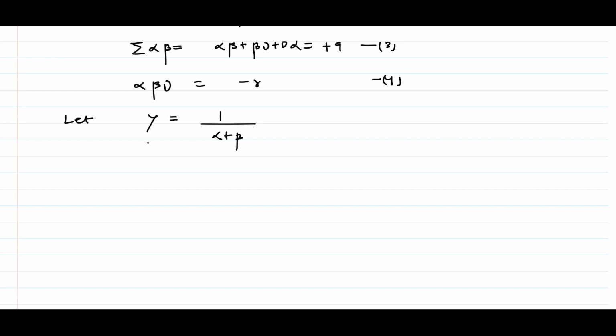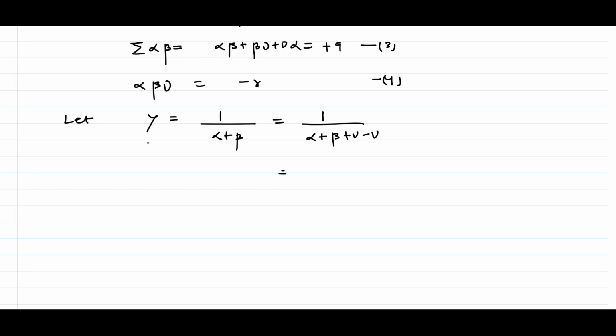So now here it can be written as alpha plus beta, missing that is gamma, so we need to adjust the gamma here in the denominator, that is alpha plus beta plus gamma negative gamma.